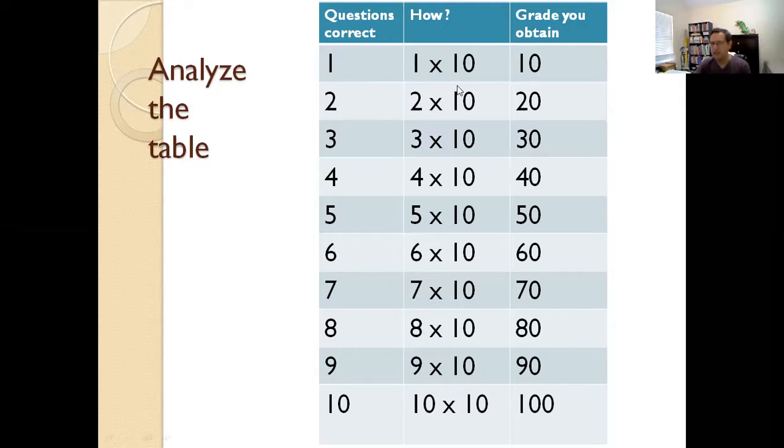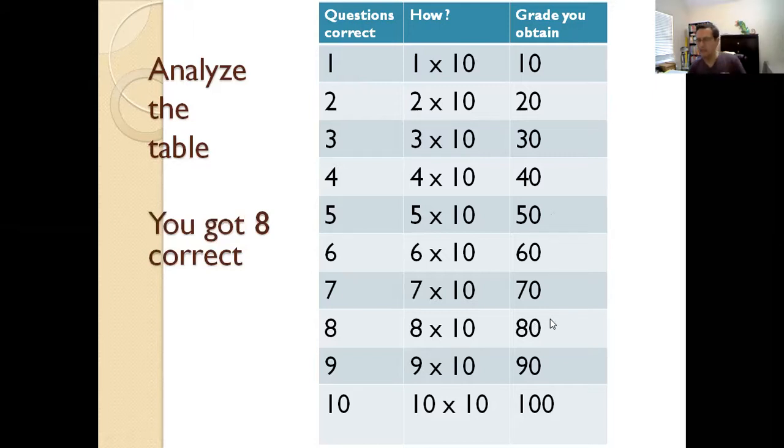The rule here is times 10. So the position times 10. The second position times 10. Number 3 times 10. How much is 4 times 10? 40. 5 times 10, 50. You got 8 correct. So 8 times 10 is 80.